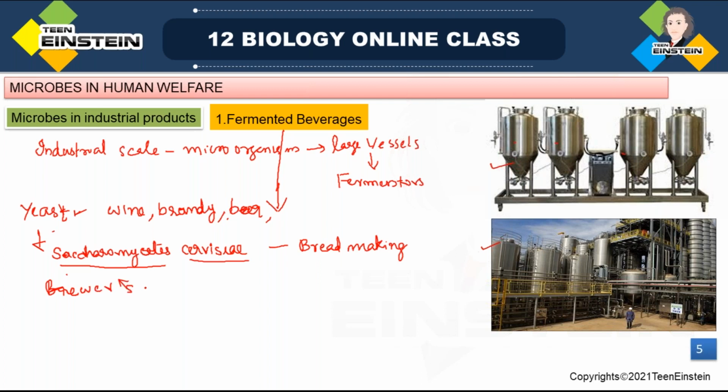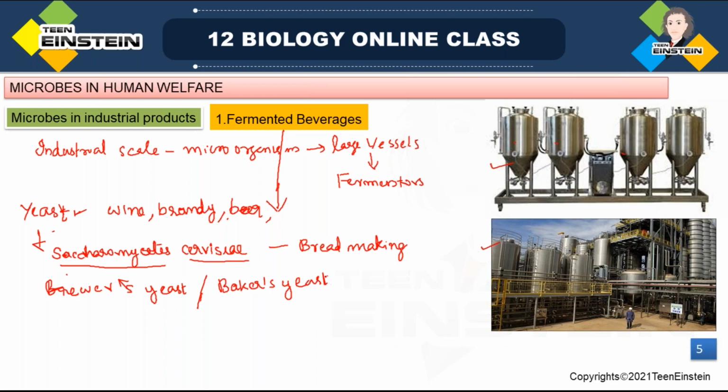Brewer's yeast. Okay. Saccharomyces cerevisiae is also called brewer's yeast or baker's yeast. Okay, it is called either brewer's yeast or baker's yeast.